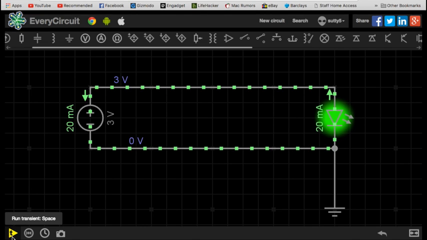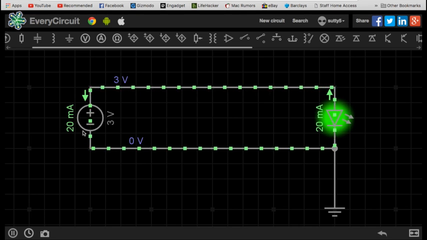And if I click play, you can see this happen. All of the electrons come from the negative side, and they will run through anything you put in the way as long as it's conductive. So we've used an LED. These electrons flow through the LED, making it light.